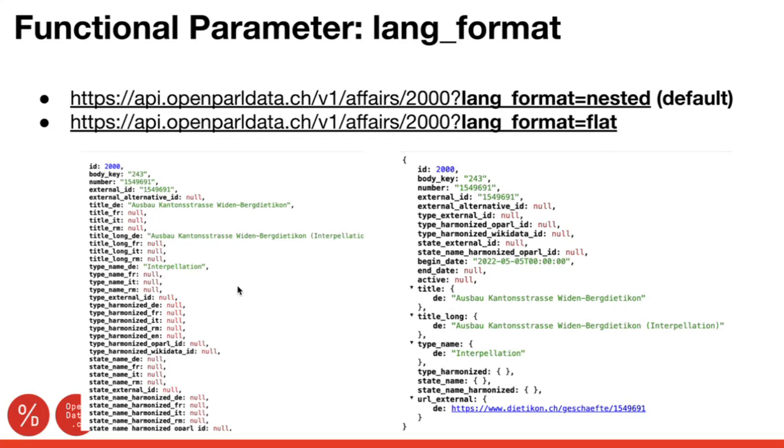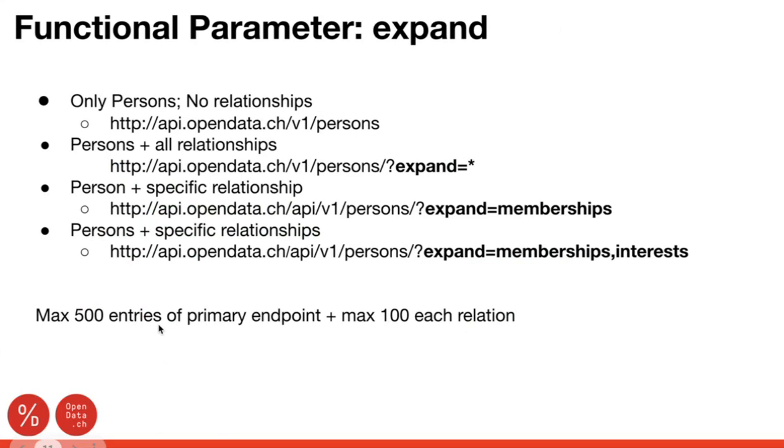But if you want to make an export for Excel, for example, Excel sometimes has trouble with nested elements. You can simply activate the flat format so you get all the fields out in this kind of language format.